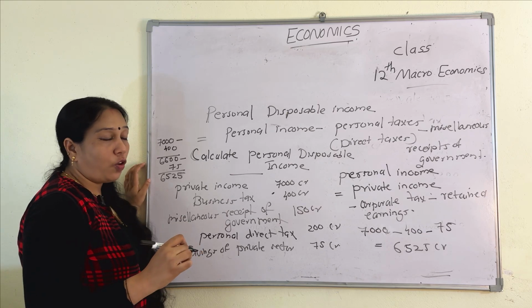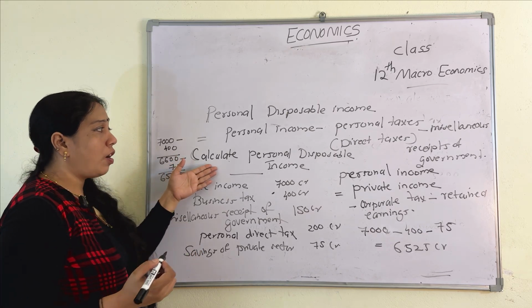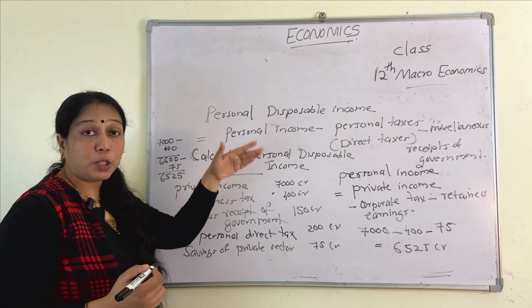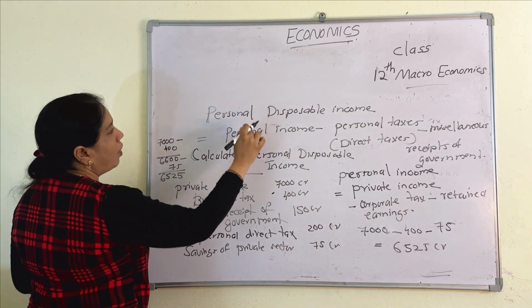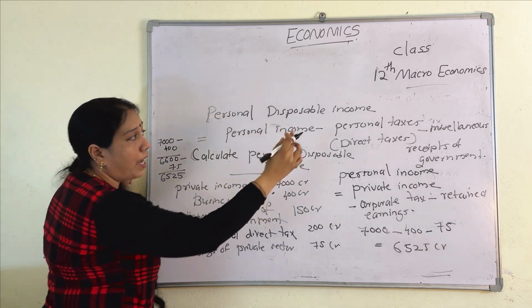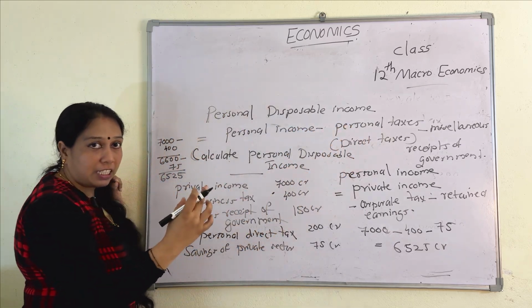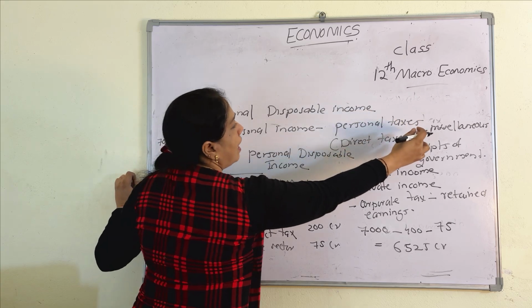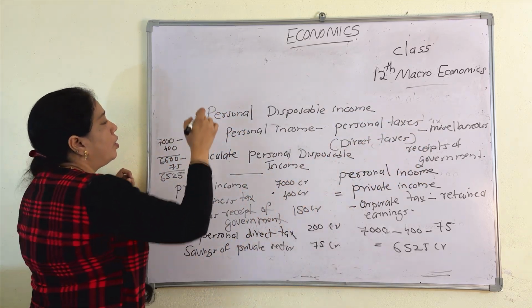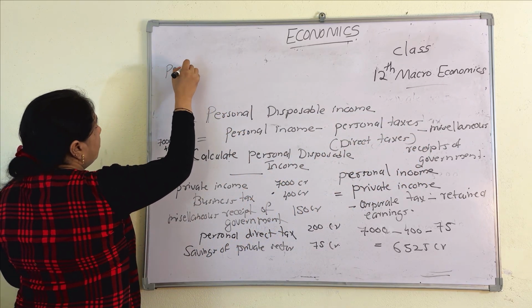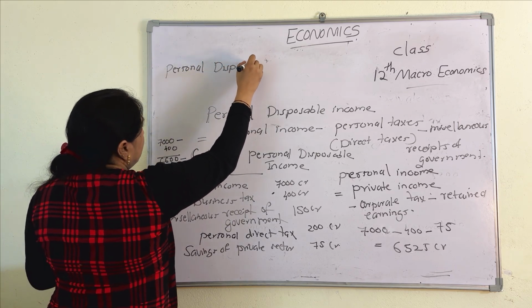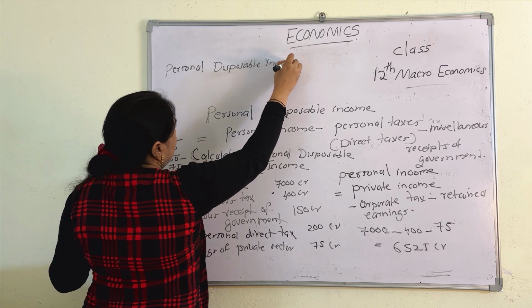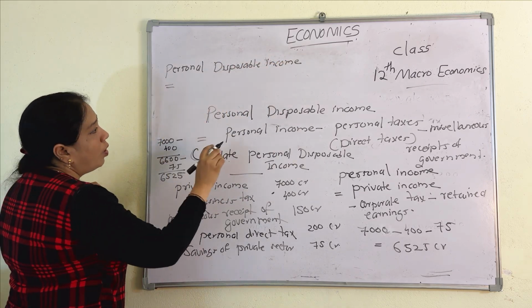Now we have to find out the personal disposable income, because our question is to calculate the personal disposable income. So personal disposable income, what is the formula? We already studied. Personal income minus personal taxes, that is direct tax, minus miscellaneous receipt of the government. So personal disposable income is equal to personal income.